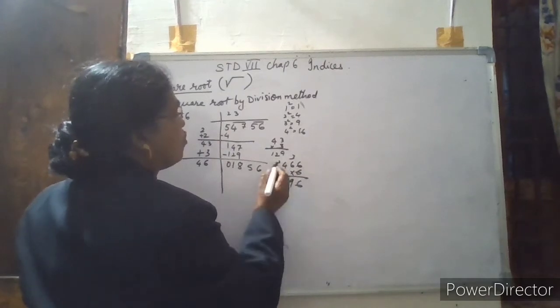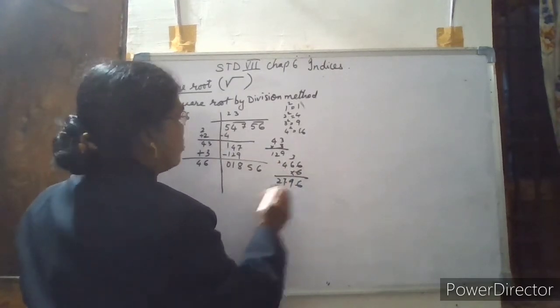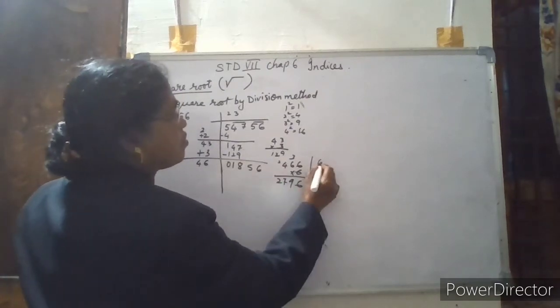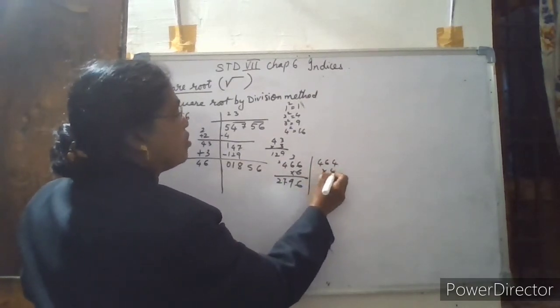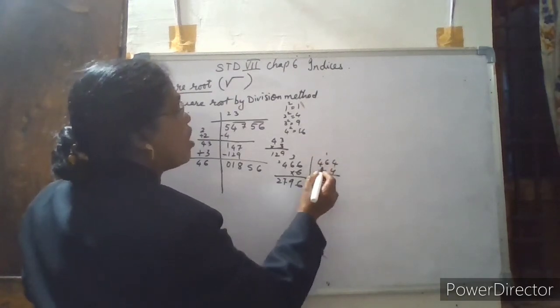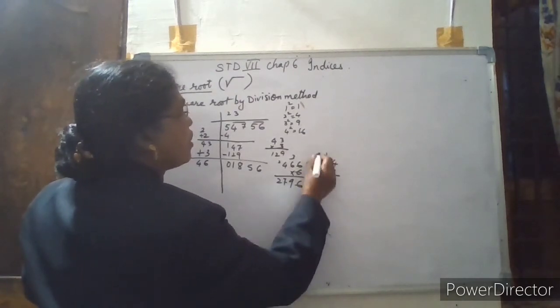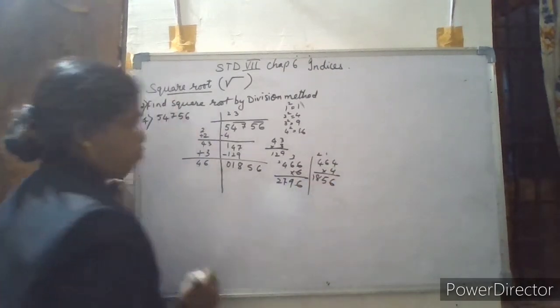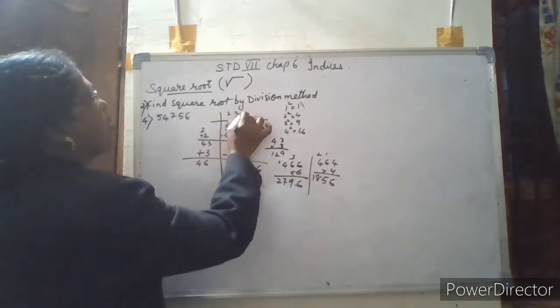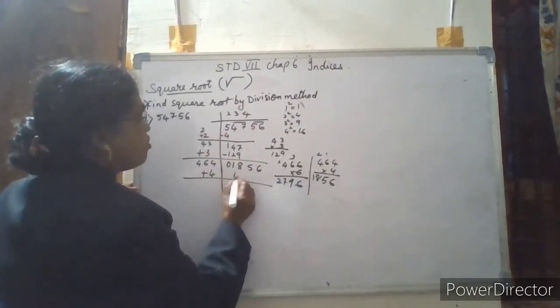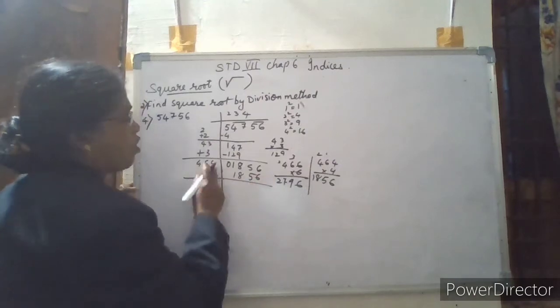So it became too big. So let me take 4: 4 4 is 16, carry 1, 4 6 are 24 plus 1, 25, carry 2, 4 4 are 16, 17, 18. I got exactly the same number. So write 4 here, here also write 4, plus 4, and write this number as it is because we got it by multiplication. Minus it, you get 0 0 0.